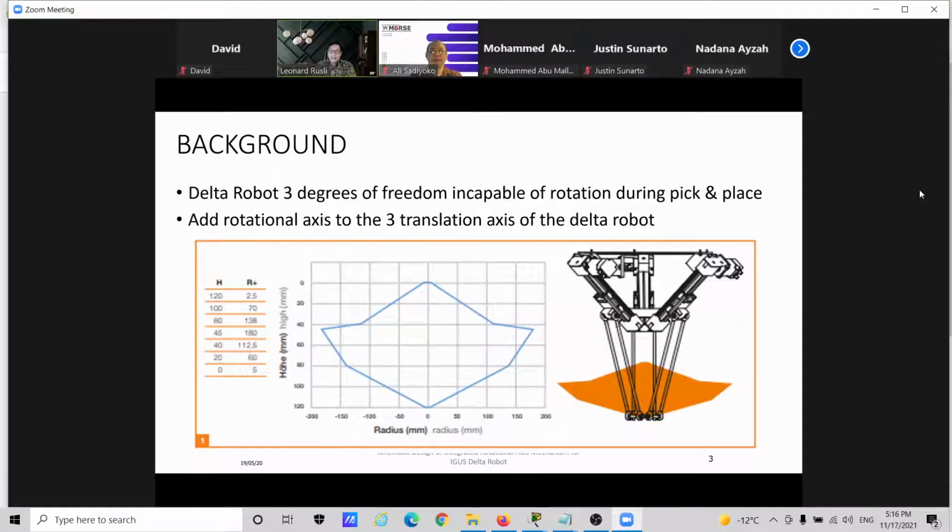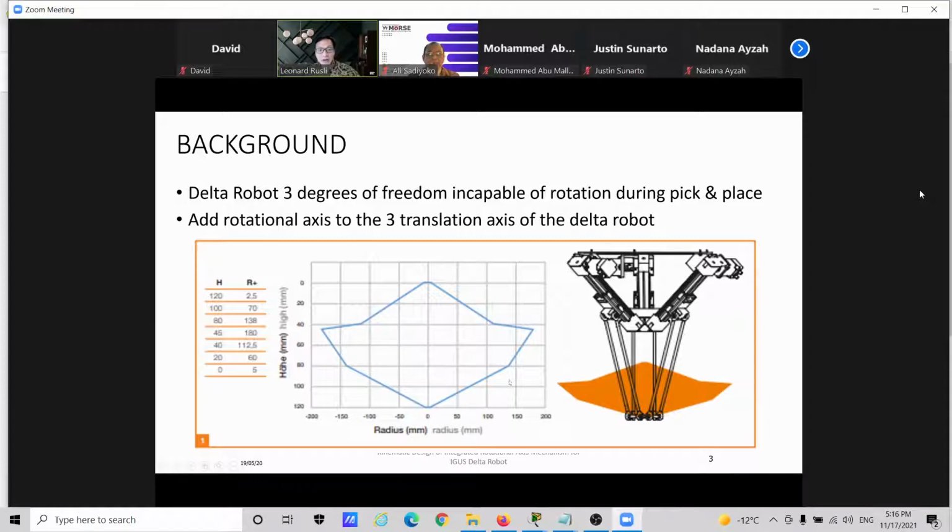Its superior speed makes it the choice whenever you need speed, people use a Delta robot for pick and place. Unfortunately, you can only move from A to B and not rotate the parts. For some applications, that is a limitation. And so the project here is to add a rotational axis to the 3 translation axes of the Delta robot, so we are able to rotate the object during the pick and place motion.